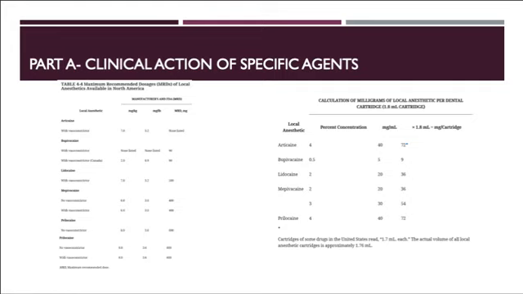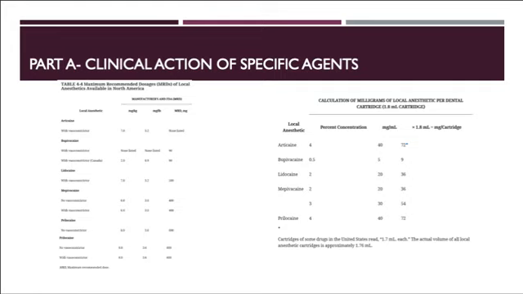What's the difference between the two? Well, I'm going to call the one you calculate for the patient's weight the relative maximum dose, because it's relative to the patient's weight. And I'm going to call the other one the absolute maximum dose.